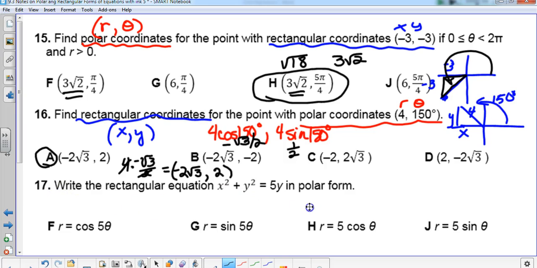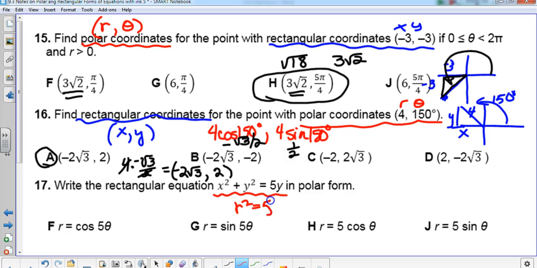All right? This is one that you could use your calculator for. What should this graph as? A circle. Unfortunately, several of these are circles. We could complete the square to figure out where the center should be. But are there some traits that are pretty darn easy? X squared plus y squared is?